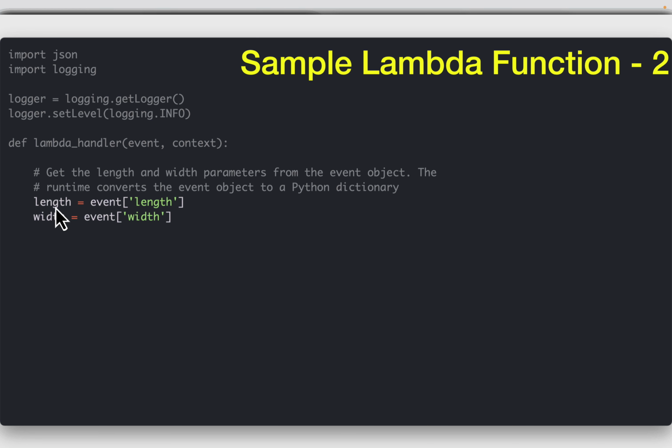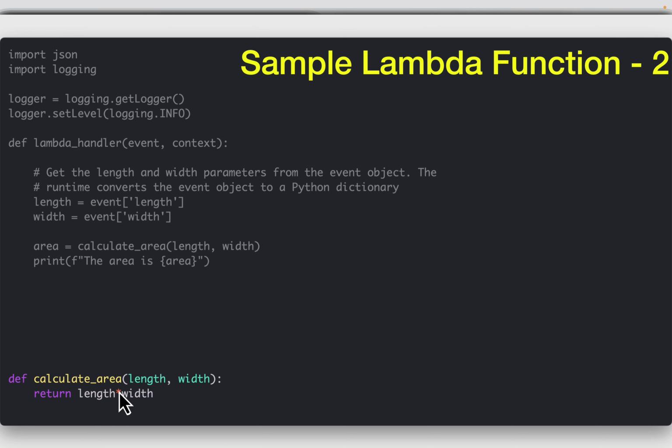Then we are extracting the length and width from this JSON object event, and we are calculating the area. So we are passing length and width, and then we are printing it out using a string. We are saving the area to this variable, and then we define the function for calculate area. We return the value, it gets stored here, and finally we are doing CloudWatch logs group name.